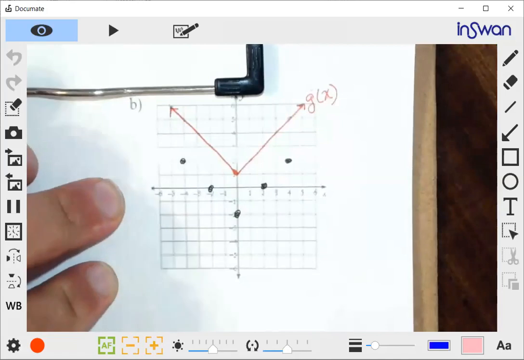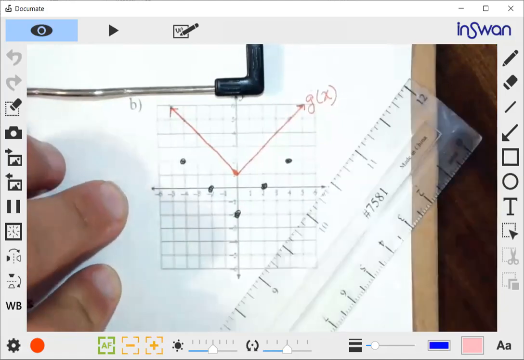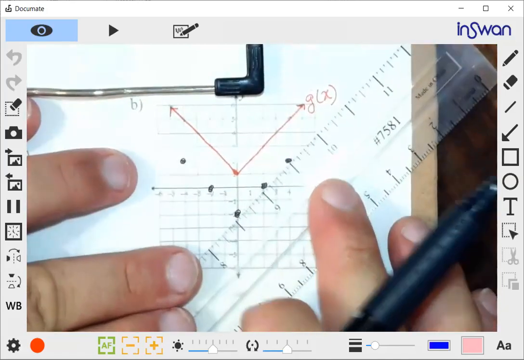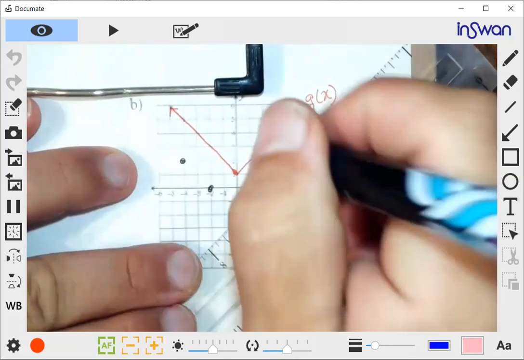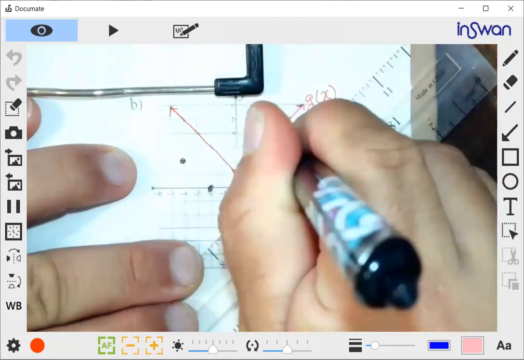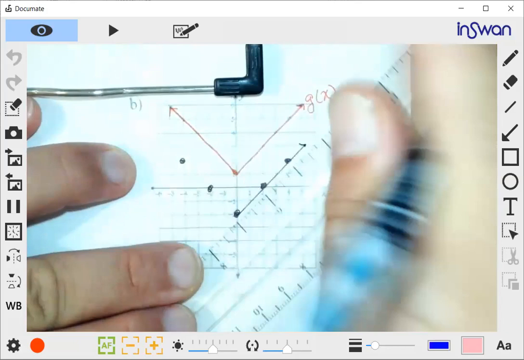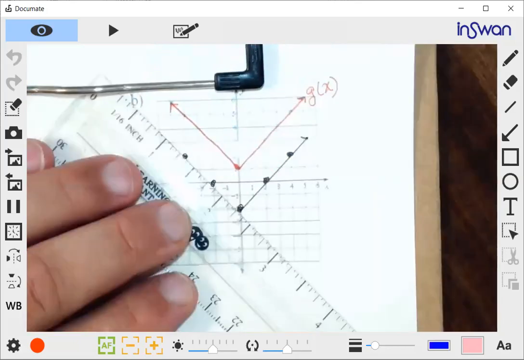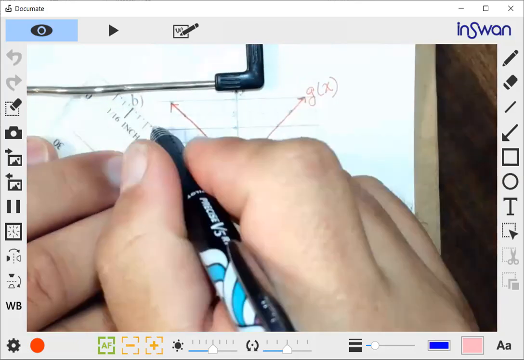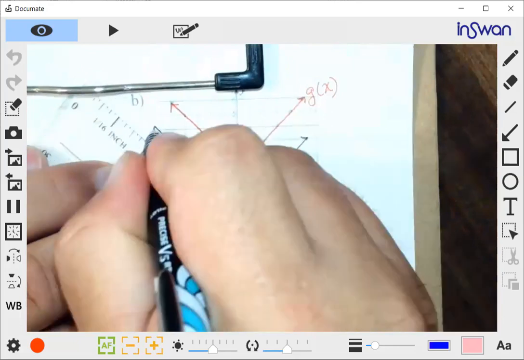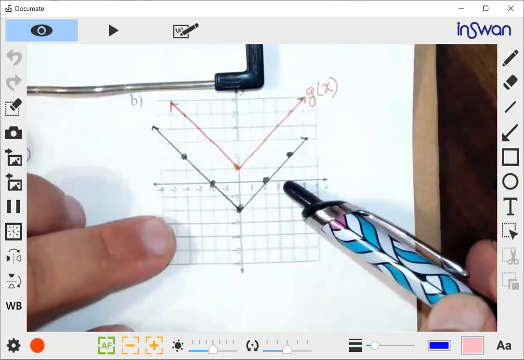And once I've done that, I could come over and use my straight edge and complete my graph, looking to try to complete it as neatly as possible. Okay, and this would be my graph moved down by 3 units.